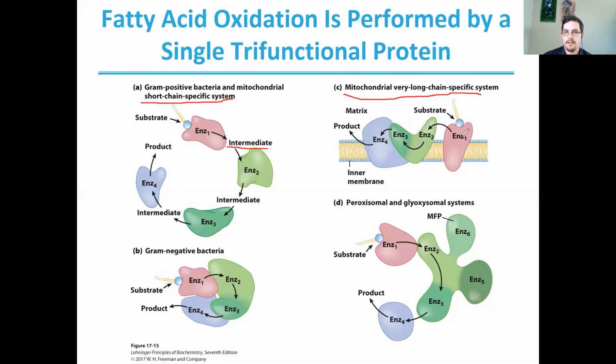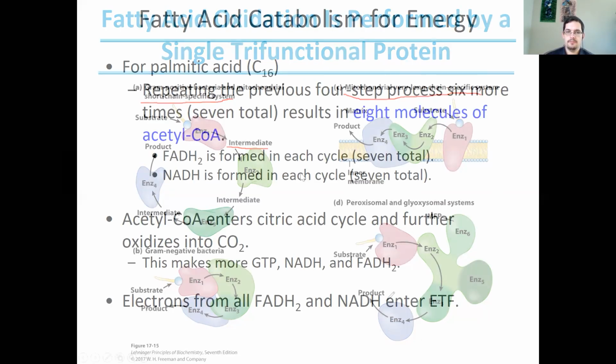Here they're actually clustered in the membrane, so you're not really going from one enzyme to the next, but you're all within one complex, just moving around within that complex to catalyze those 4 individual steps.